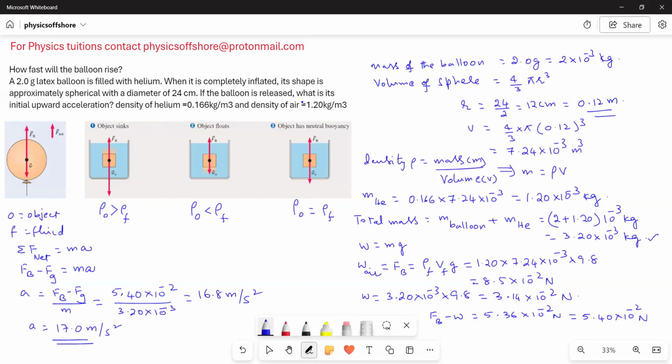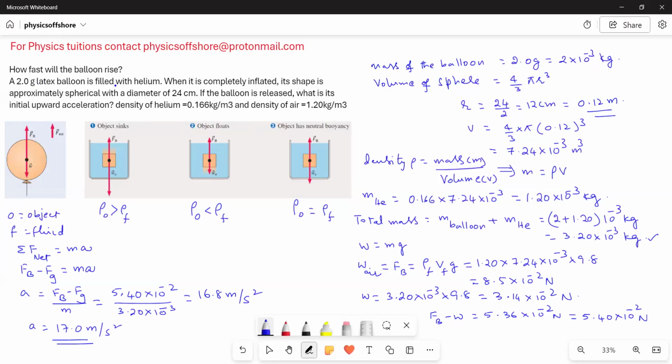To demonstrate it, I am taking this numerical. If the density of the object is less than the density of the fluid, then it floats. That is why we are taking the helium balloon: the helium density is less than the density of the air, so it will float.